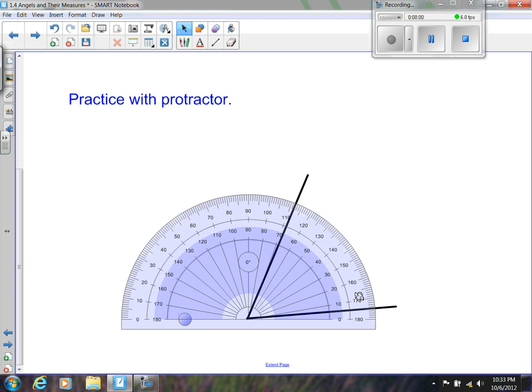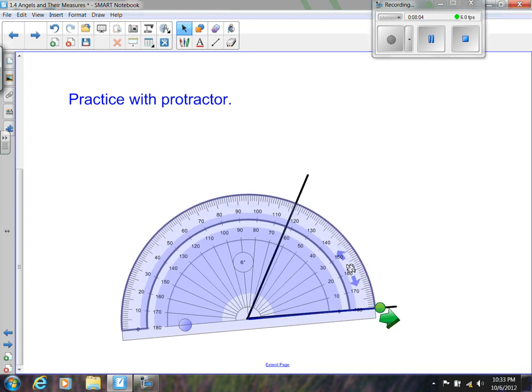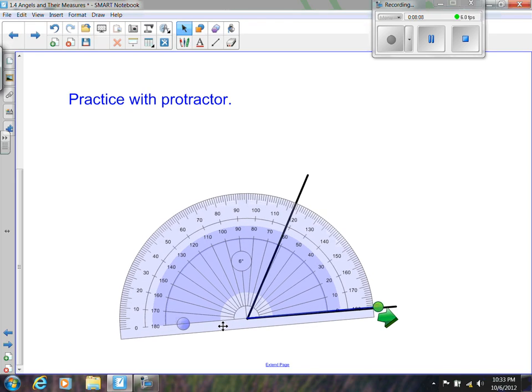So I have to rotate my protractor until that lines up. It's pretty close here. Make sure my crosshairs are still on it.